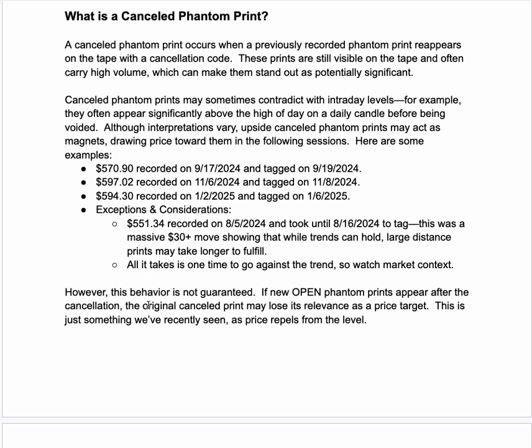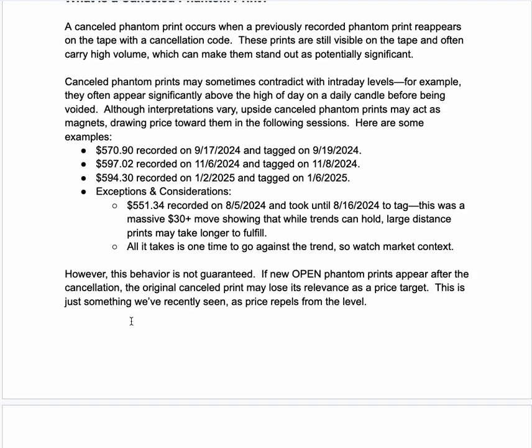Some recent examples are 570.90, recorded on September 17th, and it tagged 2 days later. 597.02 was recorded on November 6th and tagged 2 days later. 594.30 on January 2nd tagged 4 days later, but I think that was over a weekend, so it was like the 2-day theory on that.